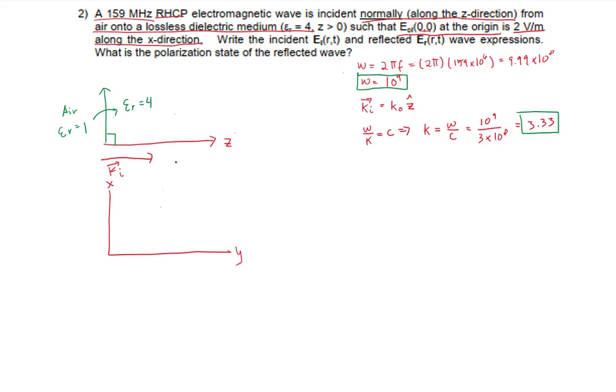So we initially have an E naught of i with 2 volts per meter sitting along the x-axis. Now we know that it's polarized using RHCP.